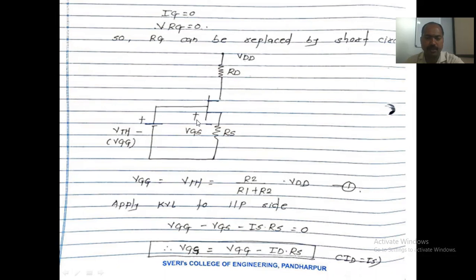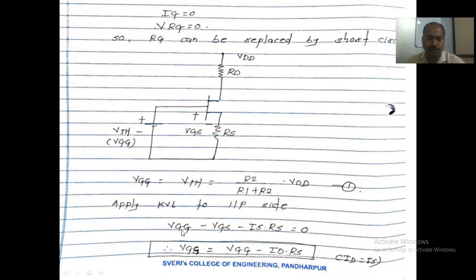Going from here to here, plus to minus, VGG minus VGS. Current flowing through this is IS. IS into RS, this is plus upper part, lower is minus. So all of it is VGG minus VGS minus IS into RS, which is equal to 0. Right? This is the equation we get.